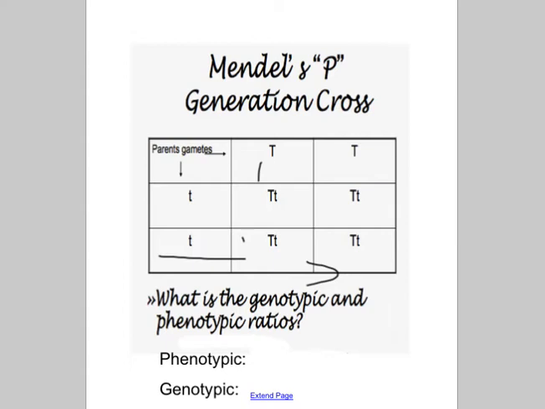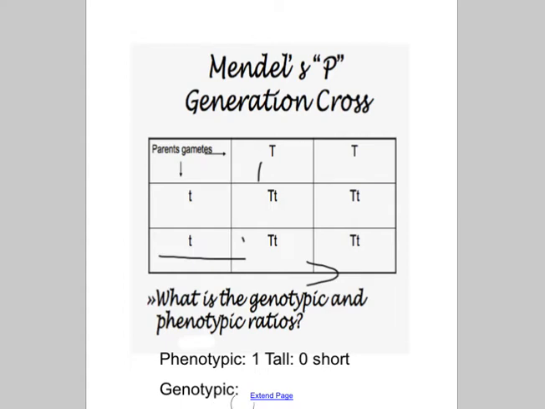So now we've got to talk about the phenotypic and genotypic ratio. What exactly is a genotypic ratio? Well, we take a look at the phenotypic ratio first, and they're all tall. Remember, big T is dominant, so big T is going to cover up the little t. On the other hand, the genotypic ratio here, well, there's big T, little t, big T, little t, big T, little t.